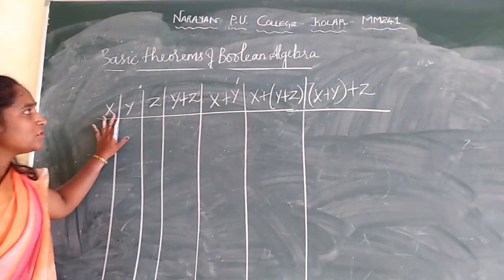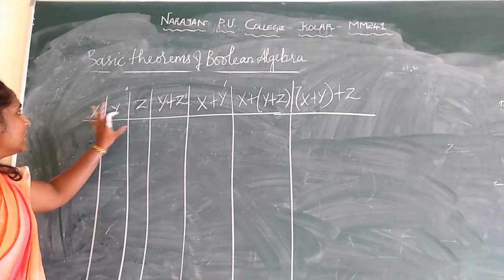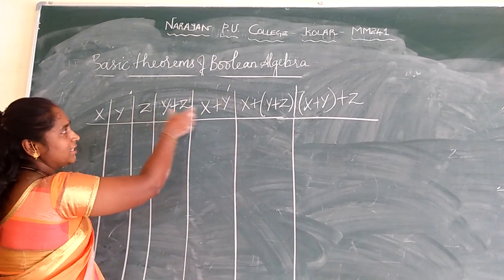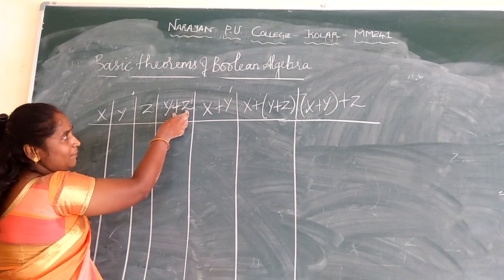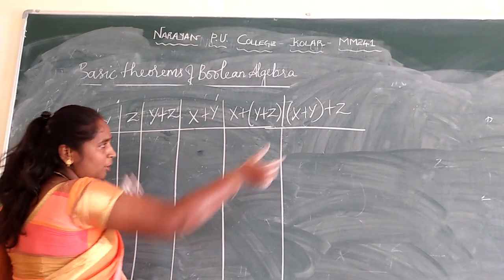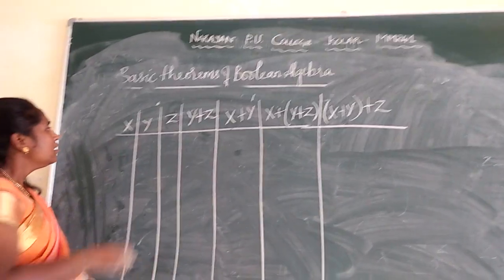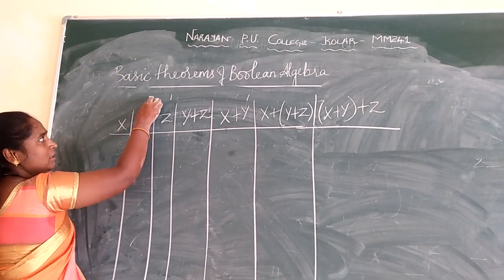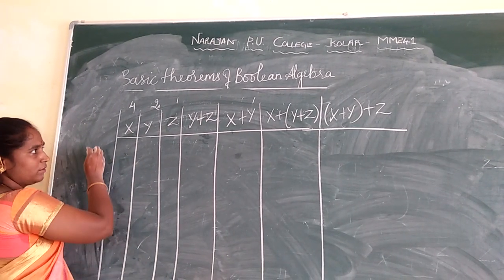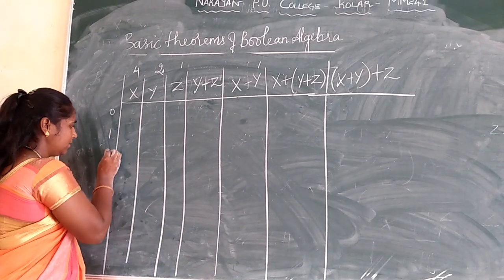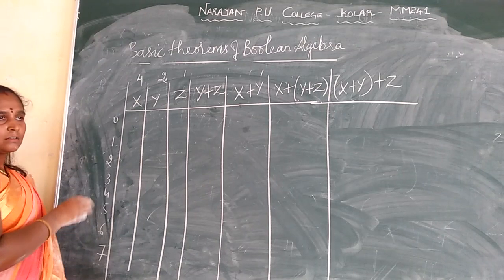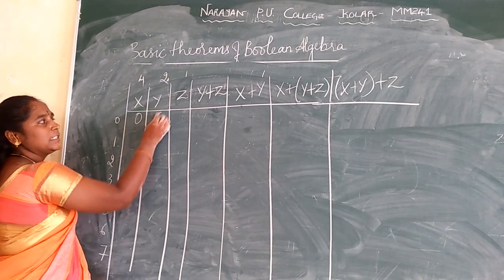The truth table of the associative law has x, y, z as 3 inputs, and we have partitioned the associativity into the bracketed terms y plus z and x plus y. Separately we are going to do an OR operation on these two. I have already explained how to partition 3 inputs. So 0, 1, 2, 3, 4, 5, 6, 7. First, 0, everything is 0.